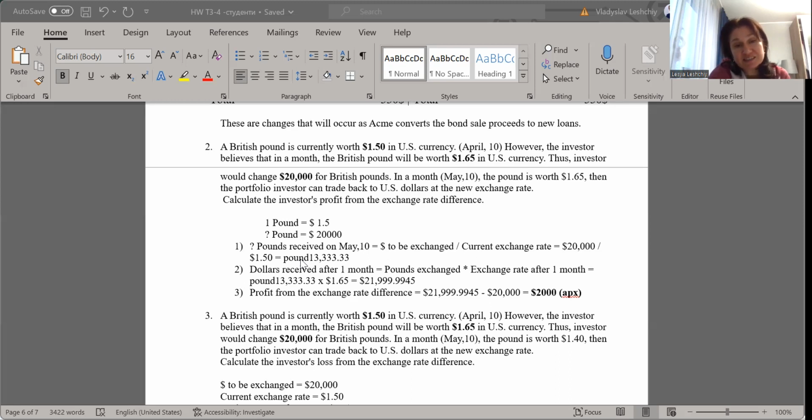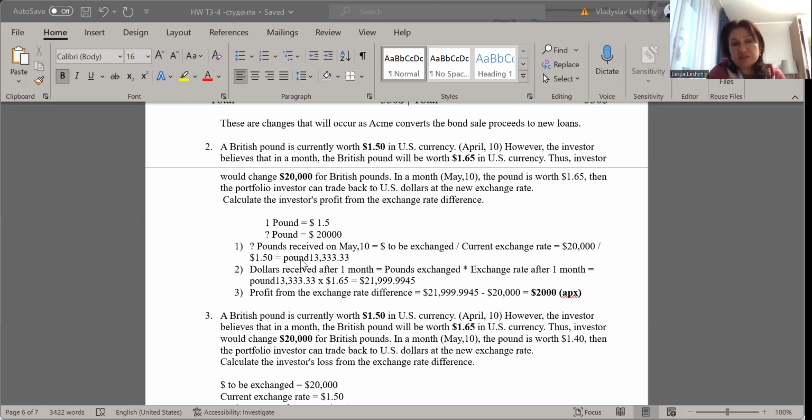And the third problem is similar, but we had a different situation: the British pound is not so valuable as the investor thought, and it even decreased in its value.